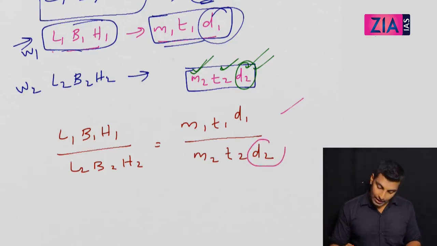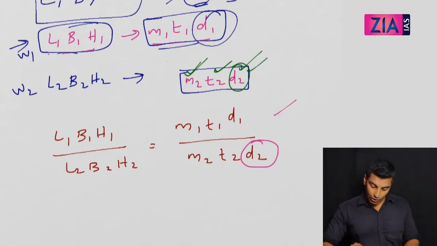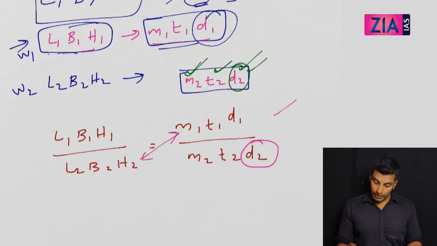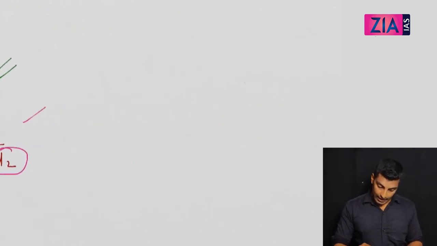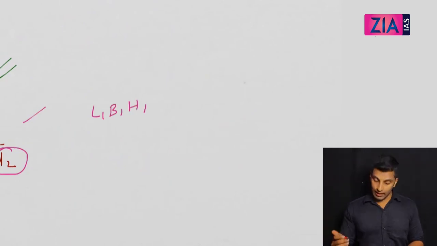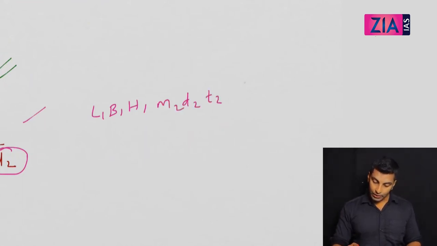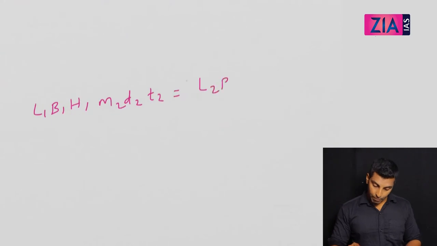Suppose this is the unknown. If everything else is given, you can easily find it out, right? Just cross multiply and divide accordingly. When you cross multiply, you get L1 B1 H1, and the denominator on the right hand side comes here: M2 D2 and T2 is equal to L2 B2 H2 and M1 T1 D1.